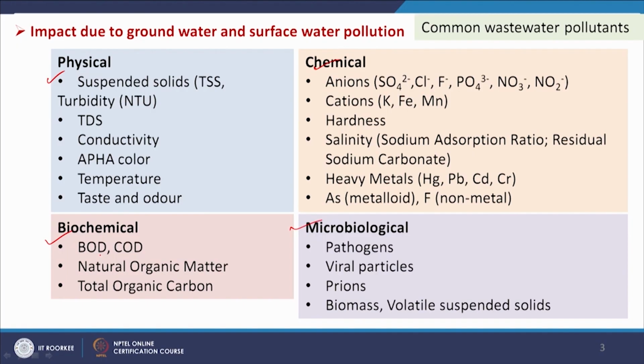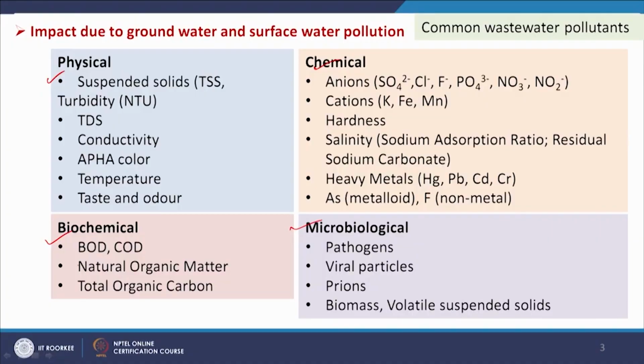All these parameters are very important and we need to maintain their values within certain limits as per the CPCB guideline, that is the Central Pollution Control Board's guideline, for different types of water like drinking water, or industrial wastewater after treatment that will be discharged on surface water, or sewage water or irrigation. So, we have seen that.